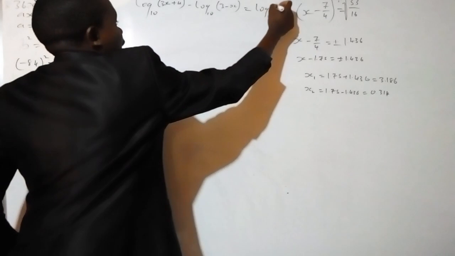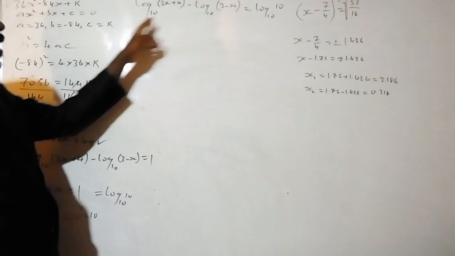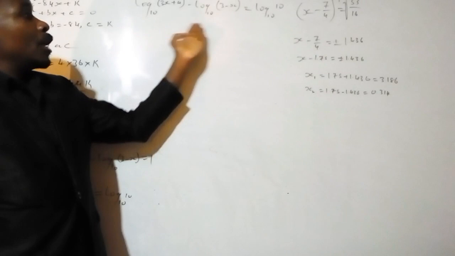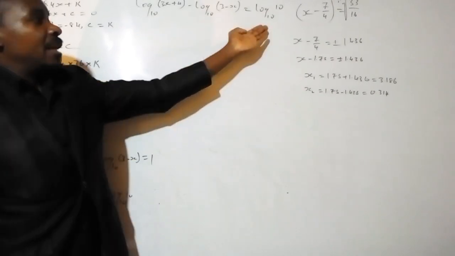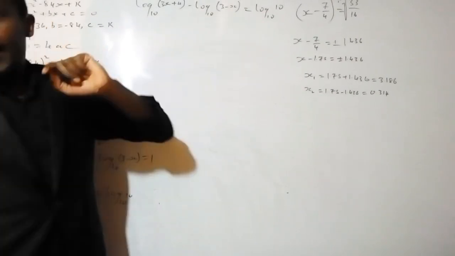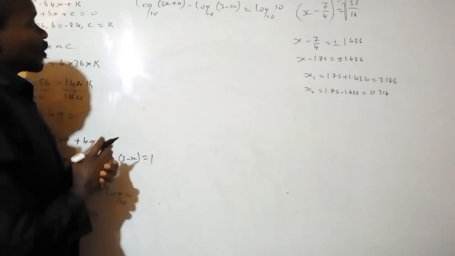Good. That being the case, now you can see the uniform log base 10. Log base 10 is common on both your left and right-hand side.